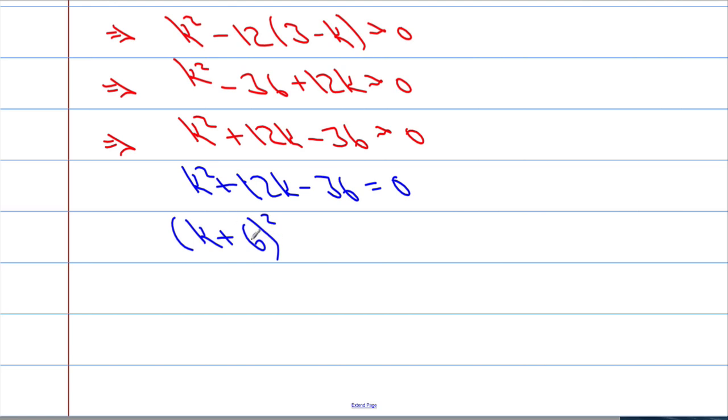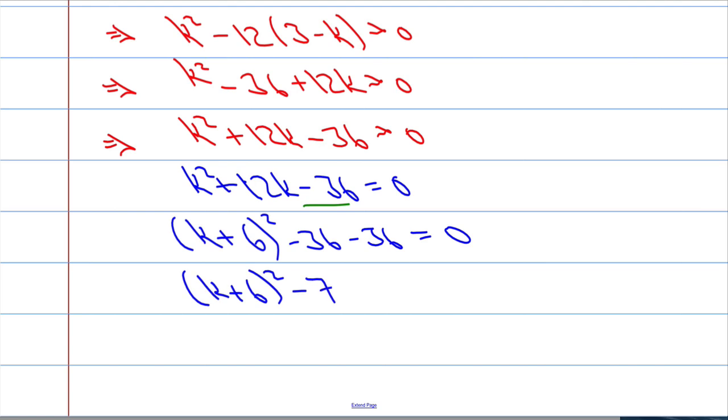That's going to give me a positive 36, which I don't want, so subtract that away. And then we still have the negative 36. So if you're a little bit unsure about that, do look at my video on completing the square. Okay, so we get k plus 6 squared, subtract 72 equals 0. Adding 72 to both sides, k plus 6 squared equals 72.